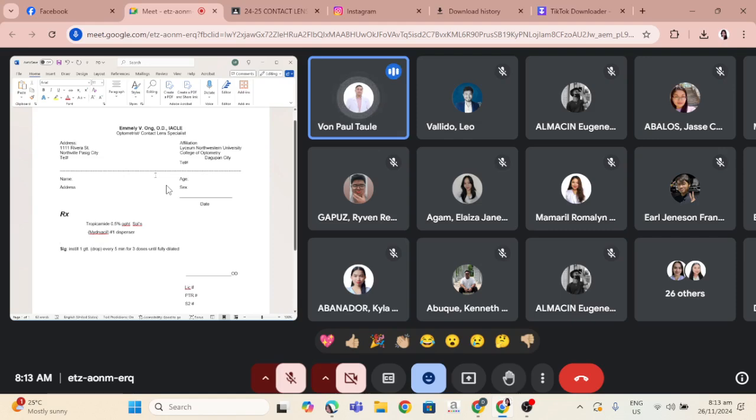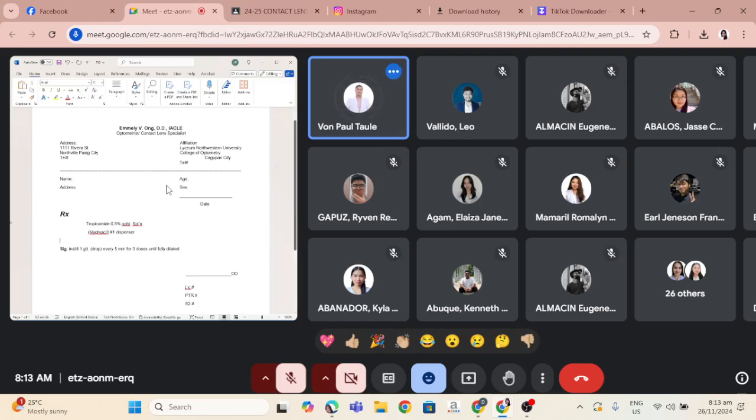So after the subscription, we also have the signature or SIG, or another word is transcription. So SIG will now refer to the direction to the patient on how the medication is to be used.